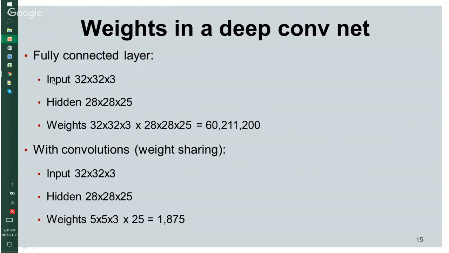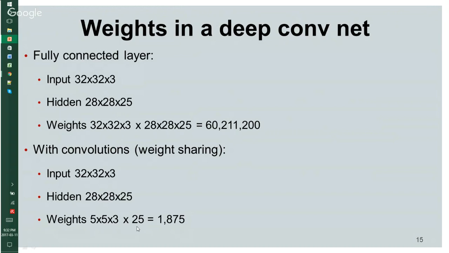So that's like 60 million connections. But if you say I want to extract this set of features by using just the same set of kernels applied to different locations, then the number of weights for a 5 by 5 filter would be 5 by 5 by 3 to take the 3-layer input, and then you have these for the 25 different types of features, but the same features at different places.